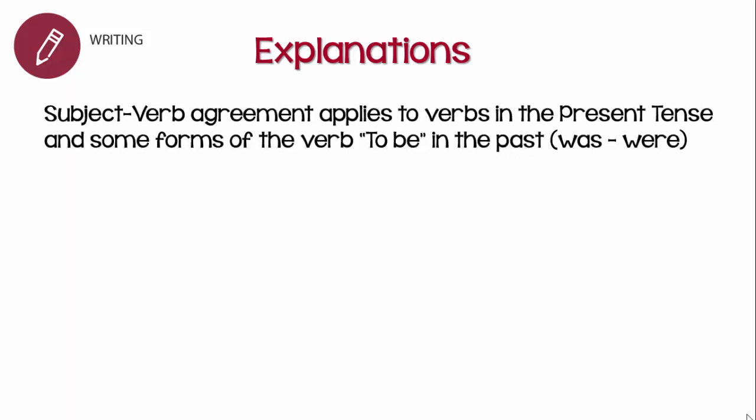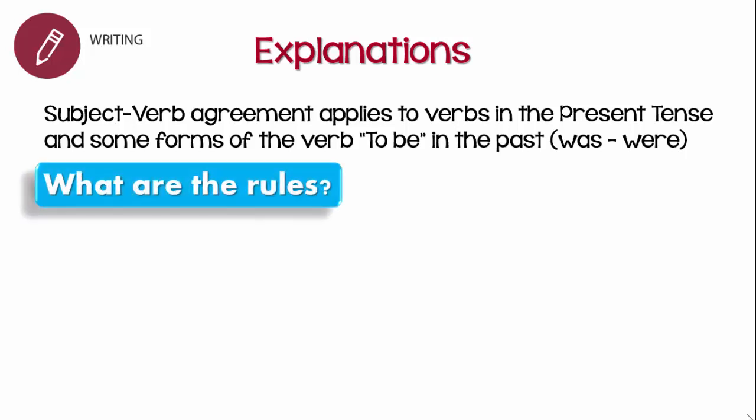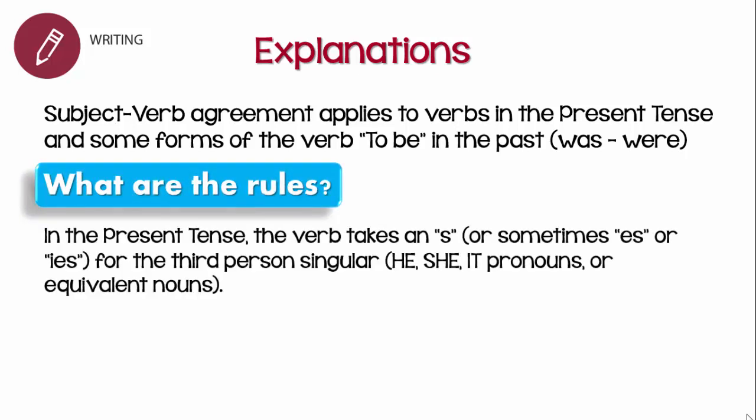Explanations. Subject-verb agreement applies to verbs in the present tense and some forms of the verb to be in the past, was and were. What are the rules? In the present tense, the verb takes an s or sometimes an es or an ies for the third person singular, that is he, she, it pronouns or equivalent nouns.